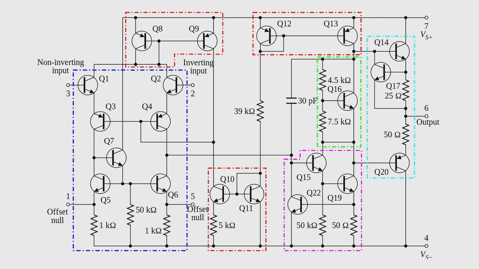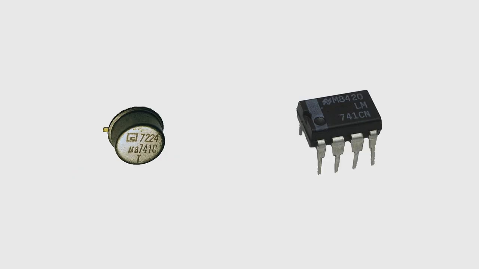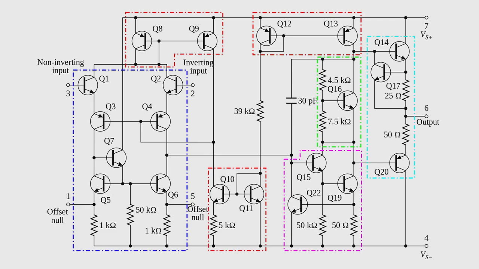That provides high current gain, low output impedance, along with output current limiting and output short circuit protection. And additionally, there is a current mirror outlined in red, and bias and a compensation capacitor of 30 picofarads. 22 transistors in one of those little packages.